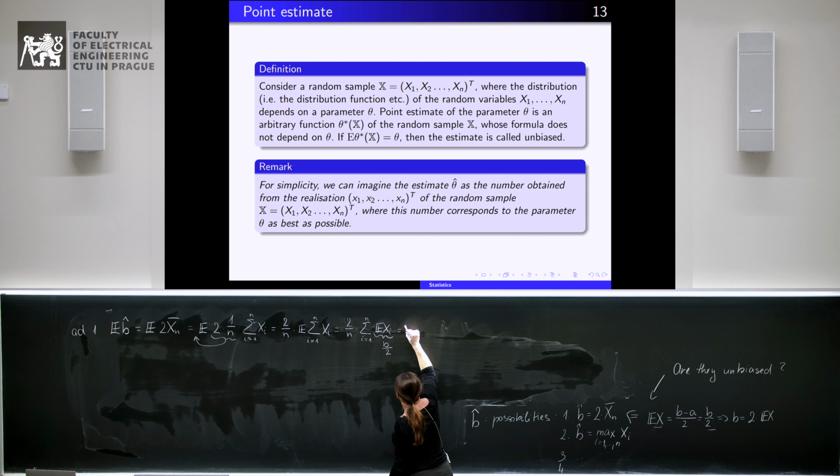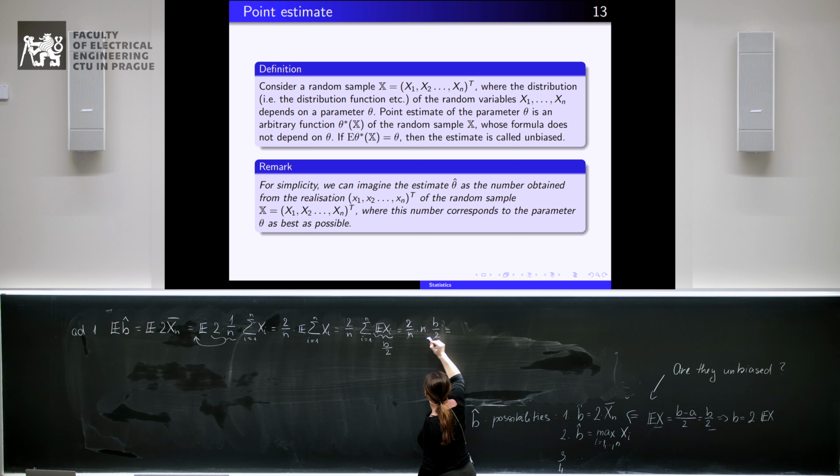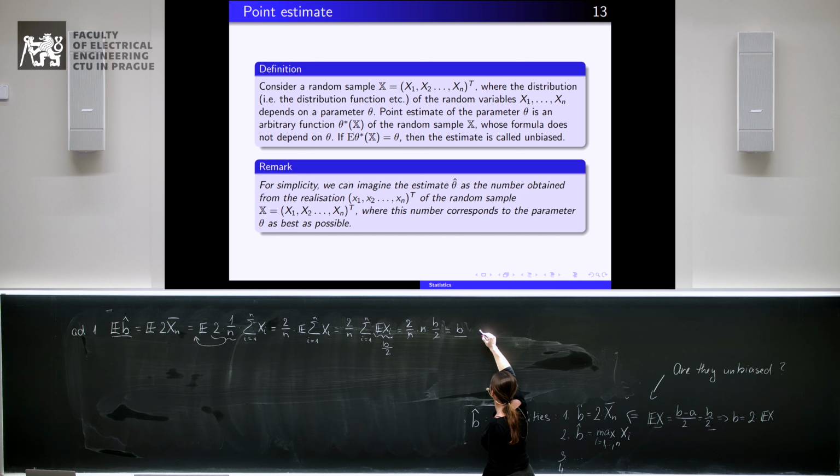So we get 2 over n times b over 2, and because we have the sum of these numbers which don't depend on i, we have 2 here, we have n here, and we obtain b, which means that we verified that the expected value of such an estimate is equal to the real parameter.